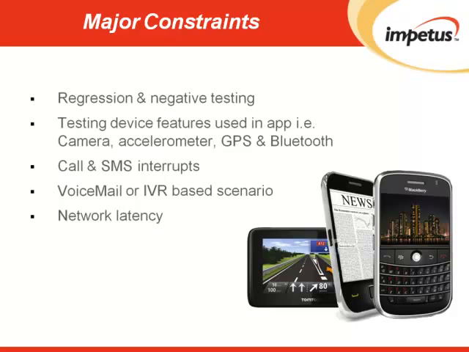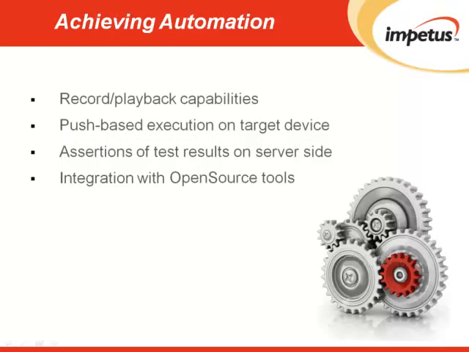Let's move on to our presentation, the next slide, which is about achieving automation. Here I would like to share with you all some best practices of test automation. A good test automation framework should provide the following capabilities. It should have auto generation of unit test scripts. It should give the capability to record and playback for fast generation of the test scripts.